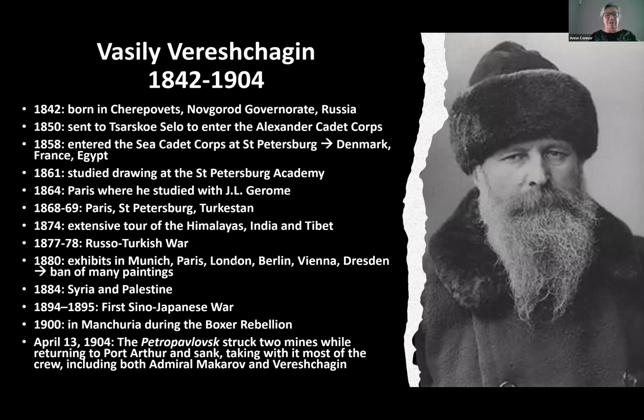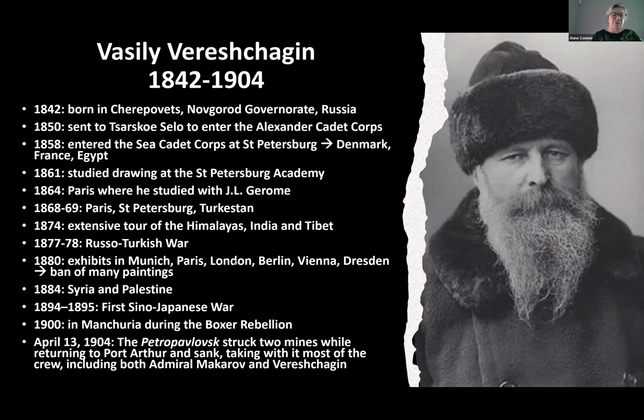In 1880, he exhibited in Munich, Paris, London, Berlin, Vienna, and Dresden, where he experienced the ban of many of his paintings, particularly in Germany. The German generals didn't like the way he was portraying the army, and so often prevented their soldiers from even visiting the exhibition.